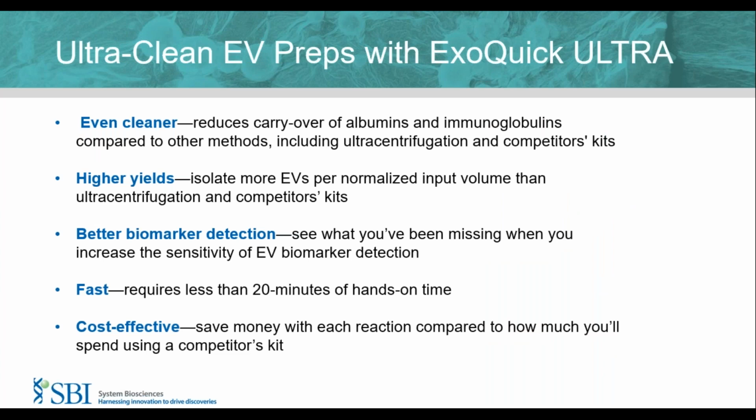So the advantages of ExoQuick Ultra are that it yields cleaner preps. It increases the yield of EVs that you isolate, starting with the same amount of material compared to either ultracentrifugation or other kits. This enables better biomarker detection. It's also very fast and very cost effective.